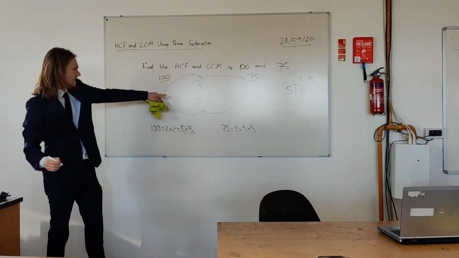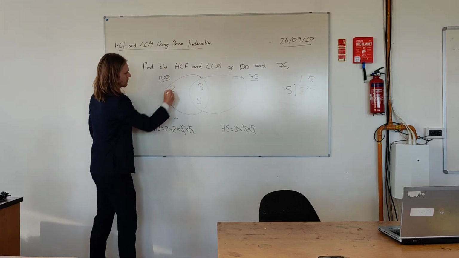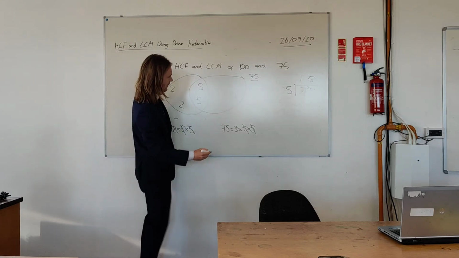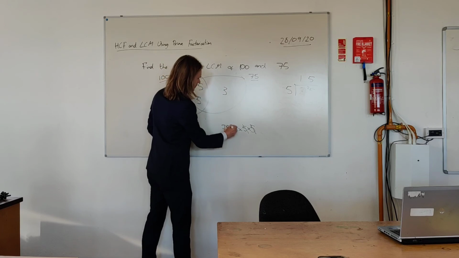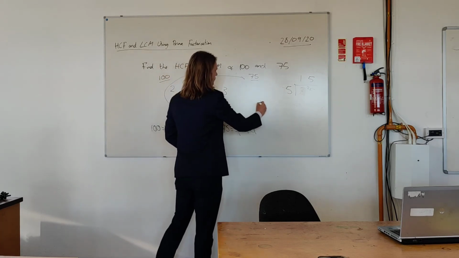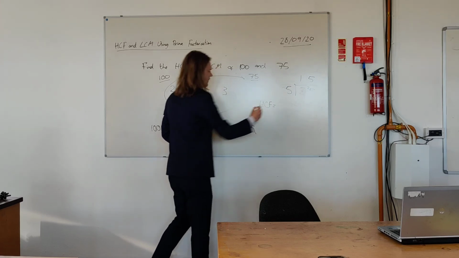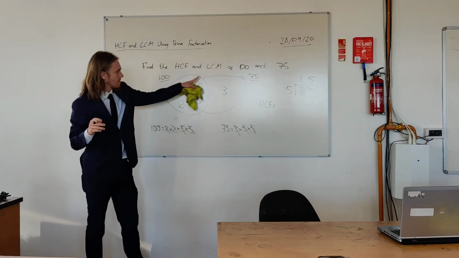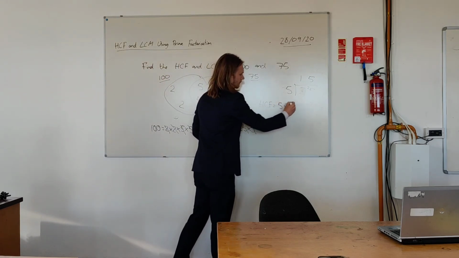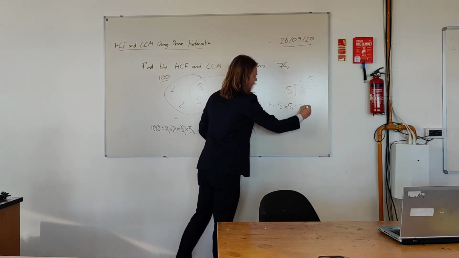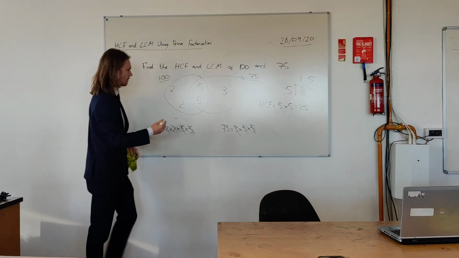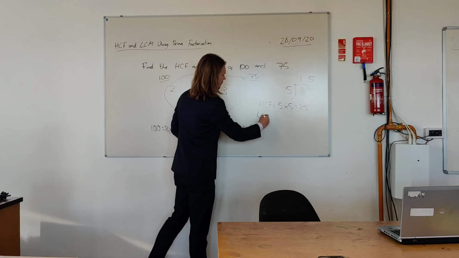Right, then the 100 section, well the 100 still needs a 2 and a 2. And the 75 section still needs a 3. Right, and then that last step then, the highest common factor is just the product of the middle numbers, which is a 5 and a 5. And the lowest common multiple is all of the numbers multiplied together.